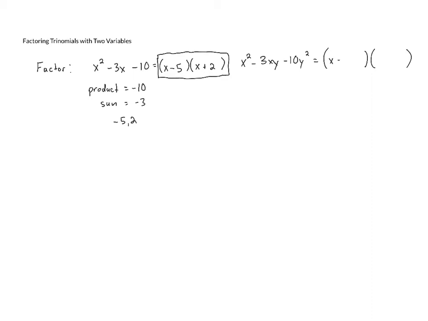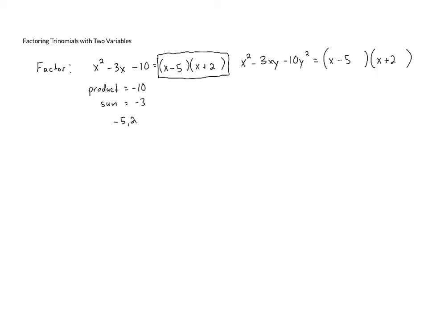It's not just going to be x minus 5 times x plus 2. We're going to have to alter things. And the reason is, if we were to check this by foiling, when we multiply the first terms, x times x gives us x squared. So that works out. But if we look at the last terms, negative 5 times 2 gives us negative 10, but we want negative 10y squared.